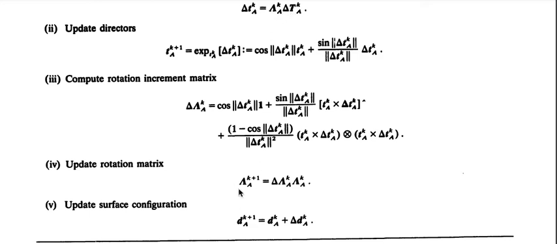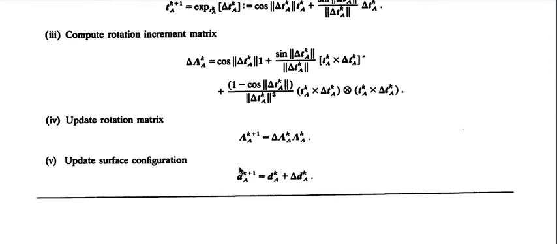So the lambda which was relating E with T is now updated to relate the new director with the same E vector. So now this is lambda k plus 1, which is delta lambda times lambda. And in a different calculation we also update the mid surface vectors.